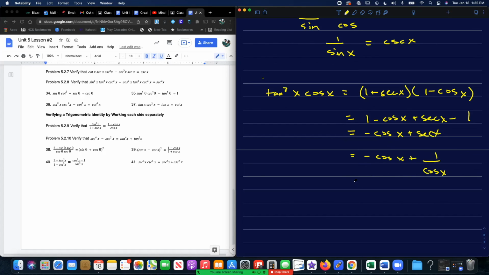But you can multiply everything by cosine, so you end up with negative cosine squared x plus 1.